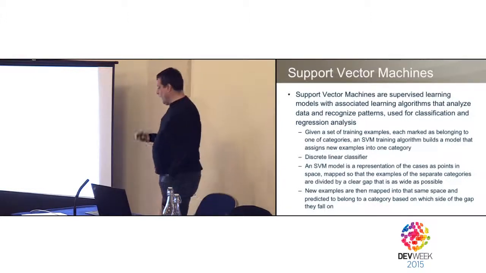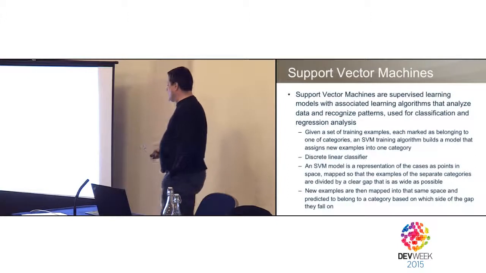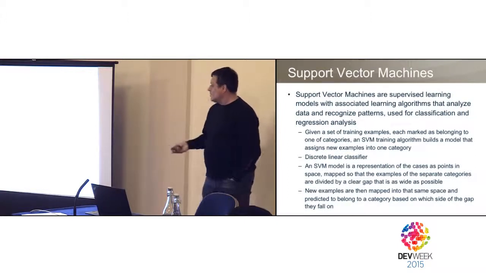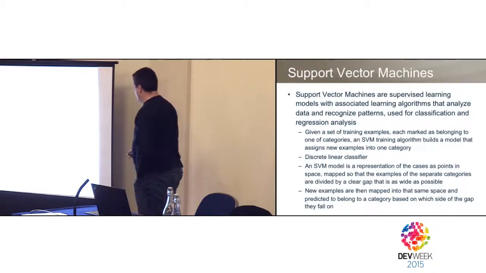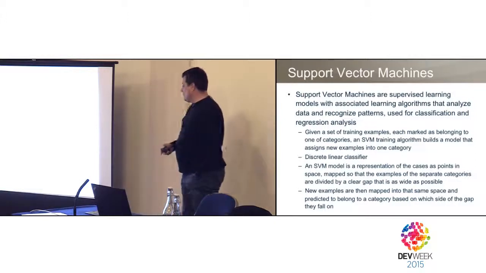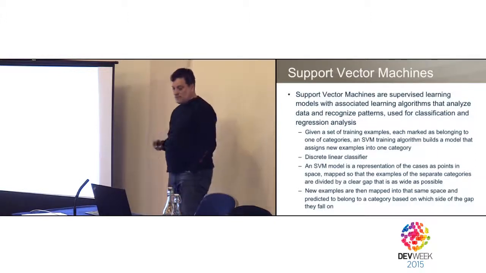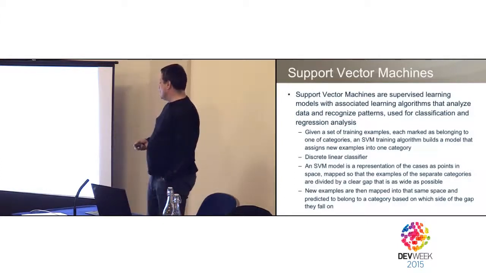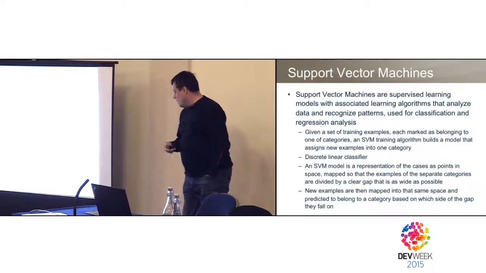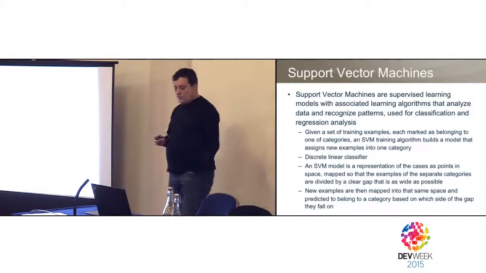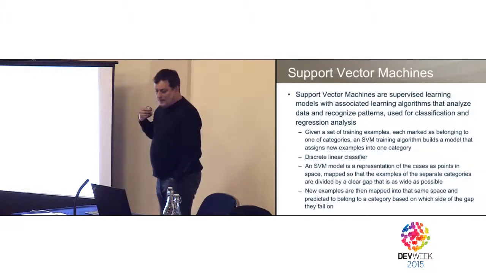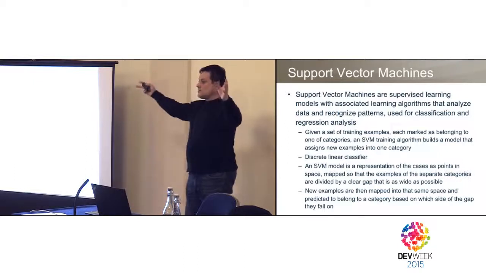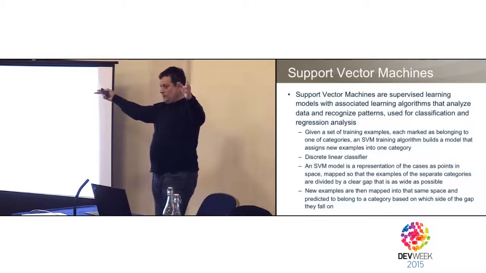So let's say that we are talking about a discrete target variable. Similarly to other classification algorithms, the support vector machines training algorithm builds a model that assigns a new example into one of the categories of the target variable. Support vector machine is again a representation of cases as points in multidimensional space.